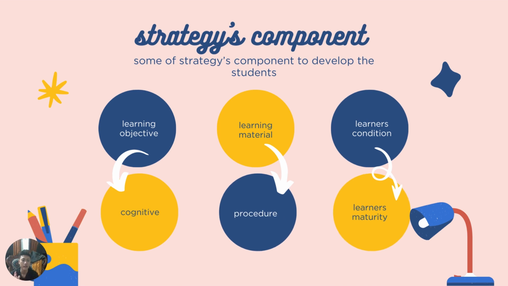And then the strategy itself has some components, which in this session are divided into three parts: learning objective, learning material, and learner's condition. In this strategy, our learning objective is the students' cognitive. To assist our learning objective, we will use procedural material as the learning material.